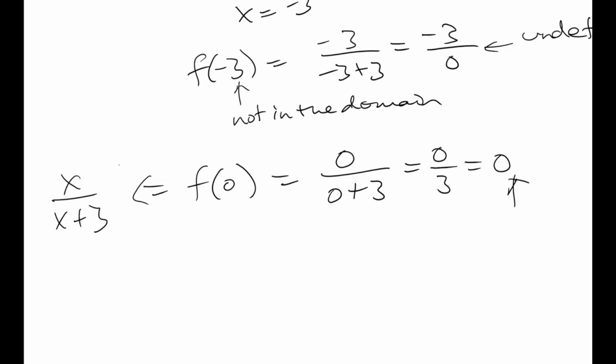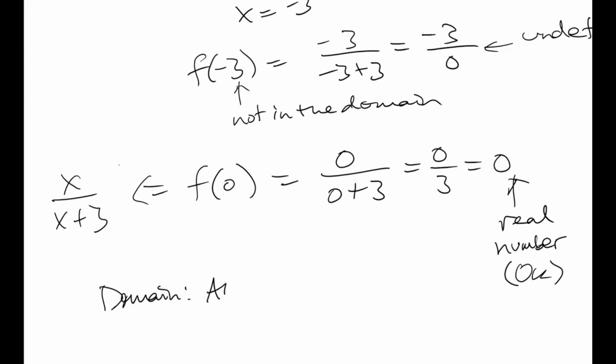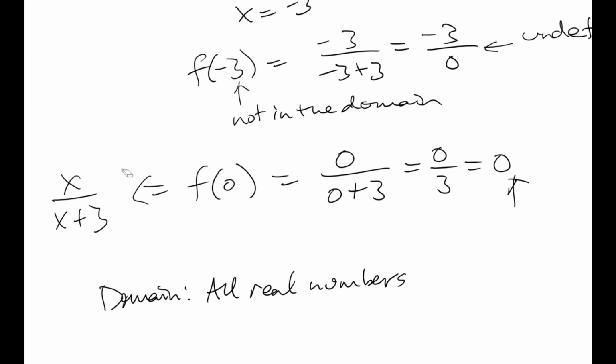That's okay. That's a real number. A real number is any number on the number line. So the domain here is all real numbers except -3.